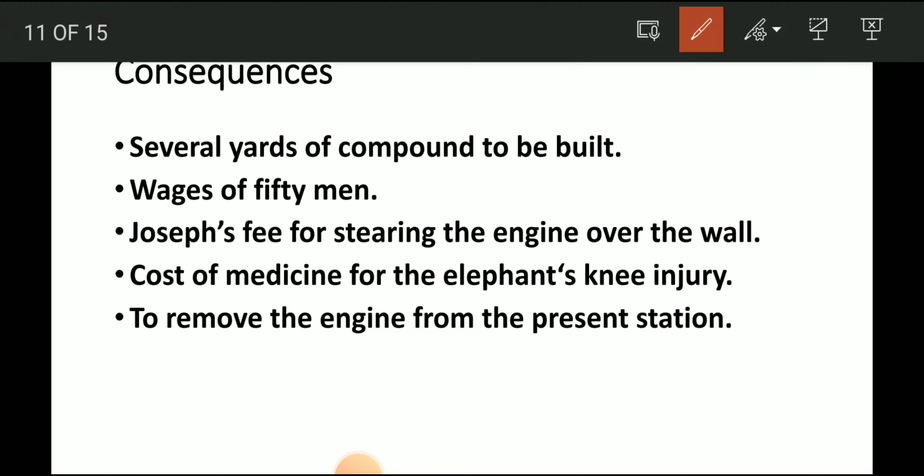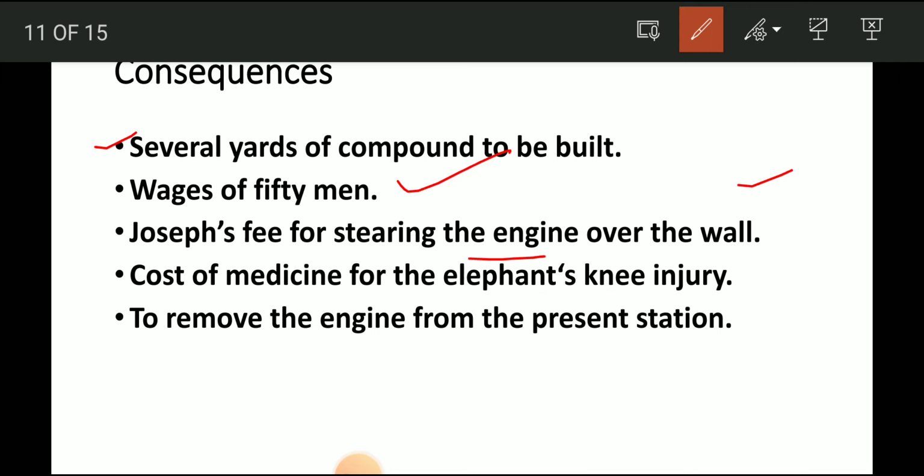What are the consequences? He has to rebuild the compound, whatever is damaged. Then he has to pay the wages of 50 men. They didn't do any work, but still he has to pay because he had appointed them. Okay, then Joseph's fee also should be paid, though he put the engine over the wall. For doing the wrong job, even Joseph had to be paid.